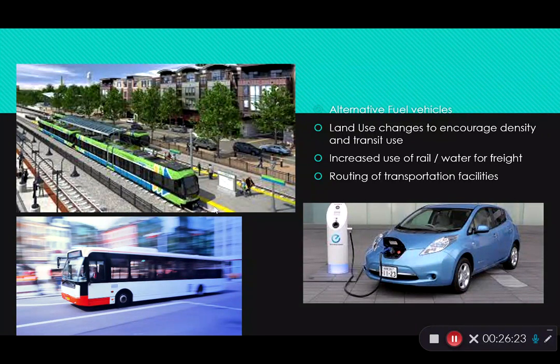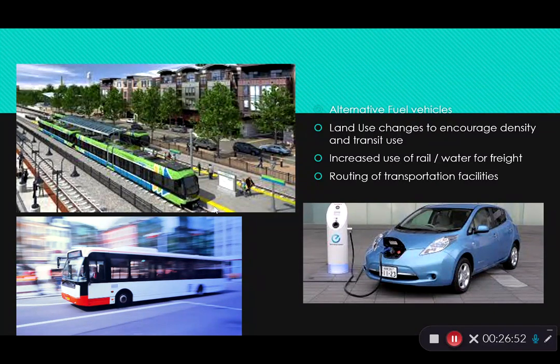Using rail and water for freight movement, again, those are the most efficient ways to move goods around. And so if we can make that more accessible and increase that, it's going to reduce emissions rather than using trucks as the prime means of movement. And we need to think about how we route our transportation facilities, looking for routes that avoid sensitive habitat and provide minimum disruption to neighborhoods.